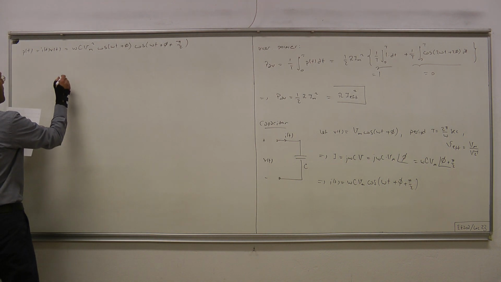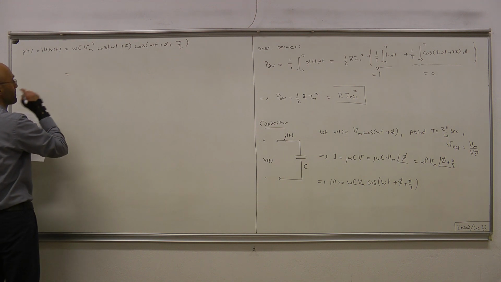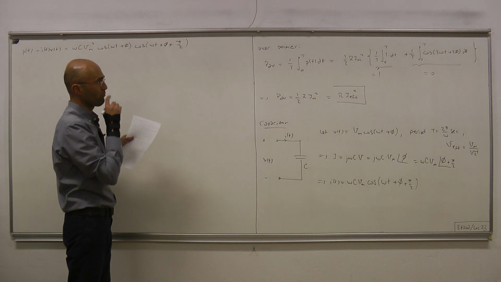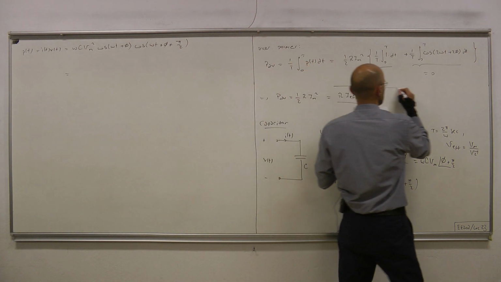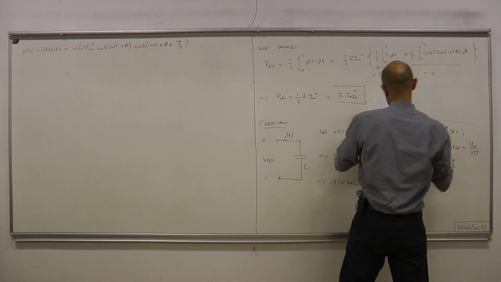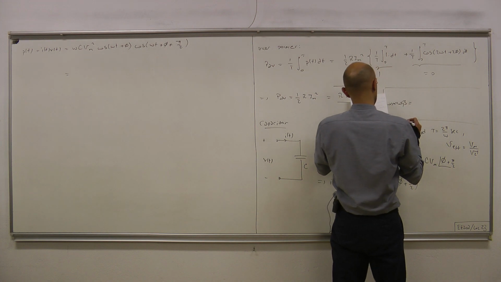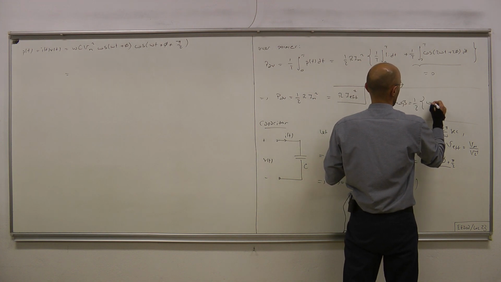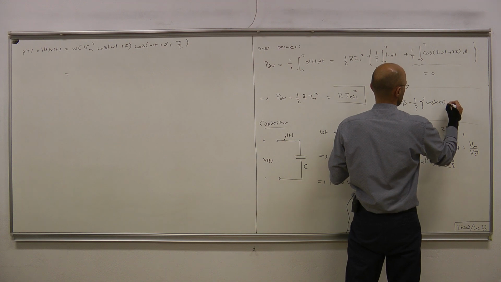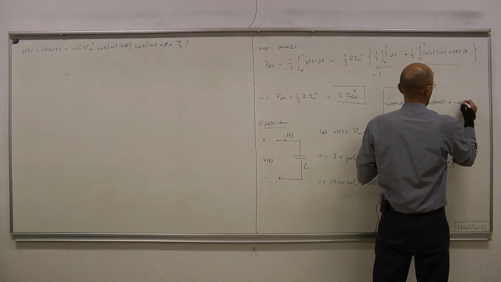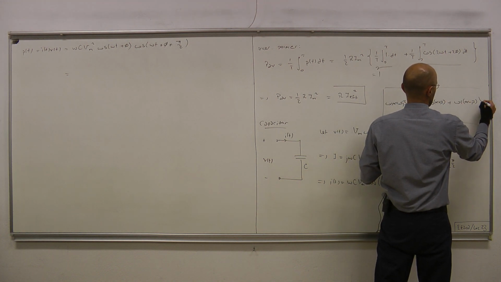Okay, and that can be written, by using the trigonometric identity cosine alpha cosine beta equals 1/2 times cosine alpha plus beta plus cosine alpha minus beta.